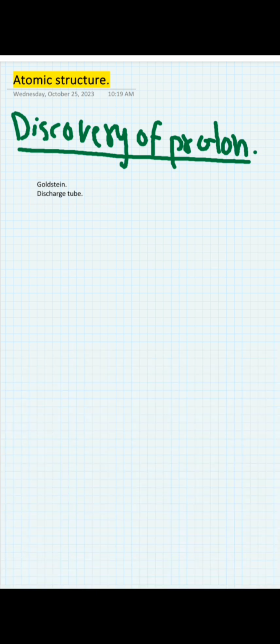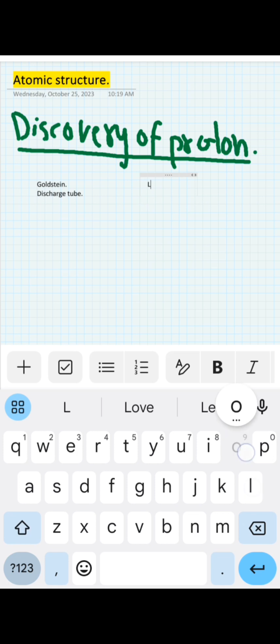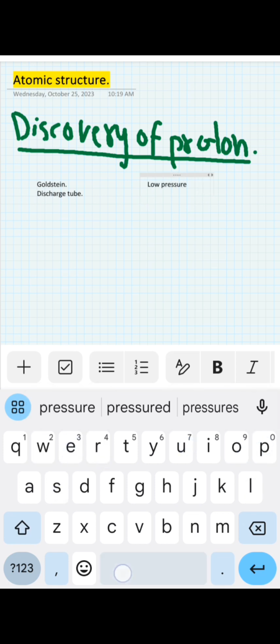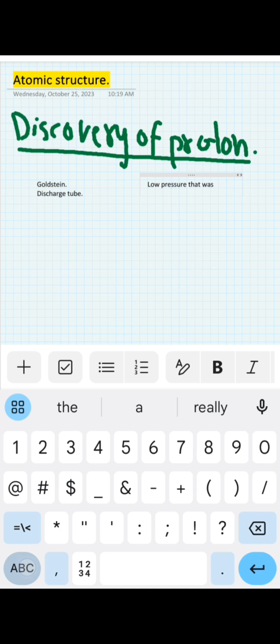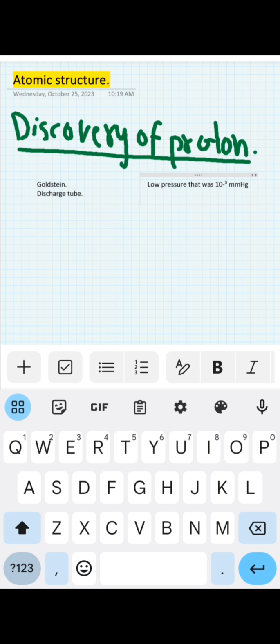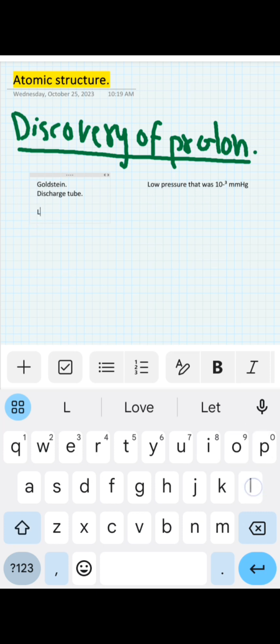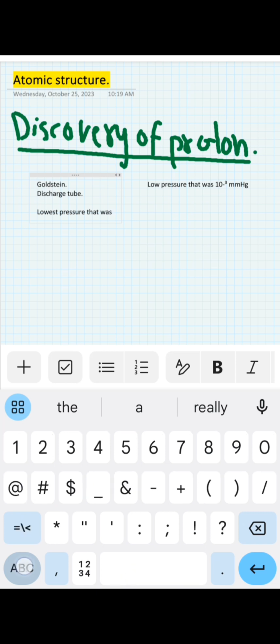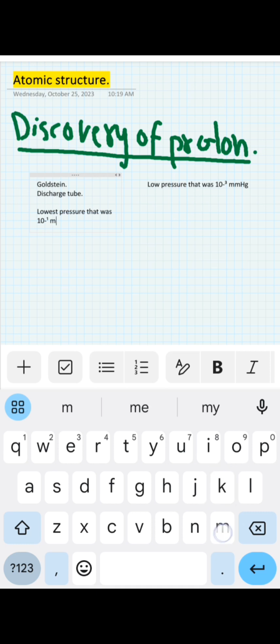As I told you, J.J. Thomson took the low pressure, that was 10 raised to power minus 3 mm of Hg, while Goldstein took the pressure that was again lower, 10 raised to power minus 1 mm of Hg.